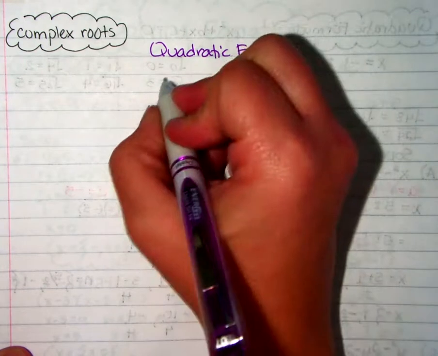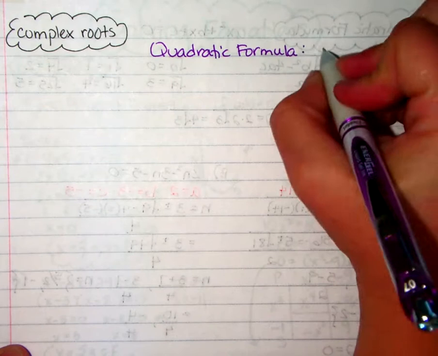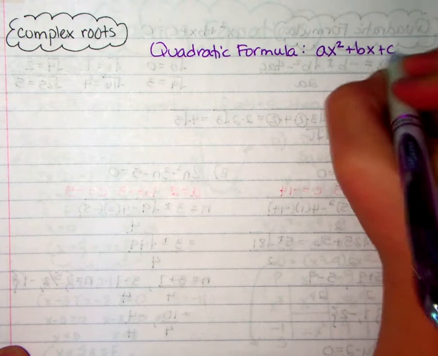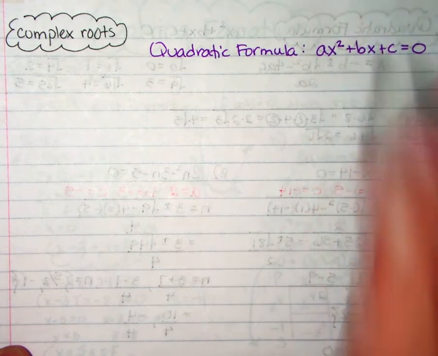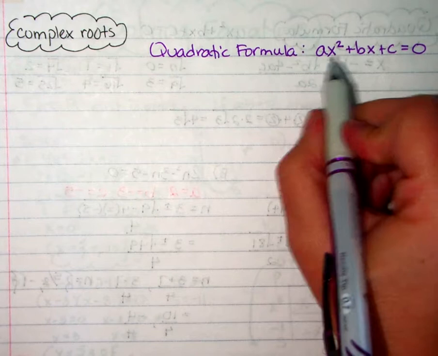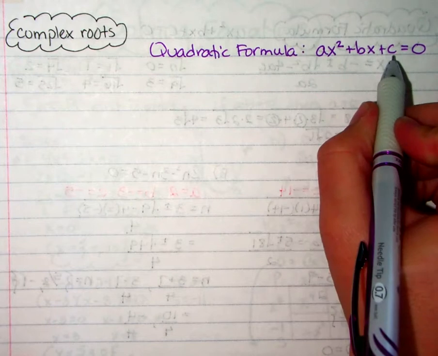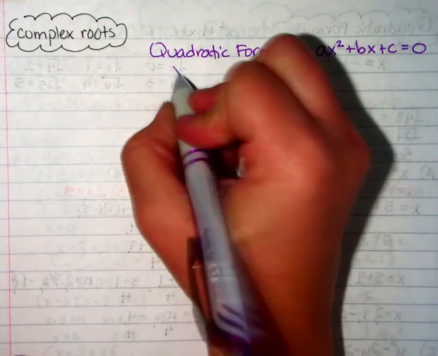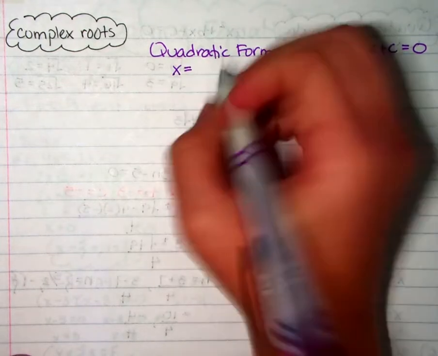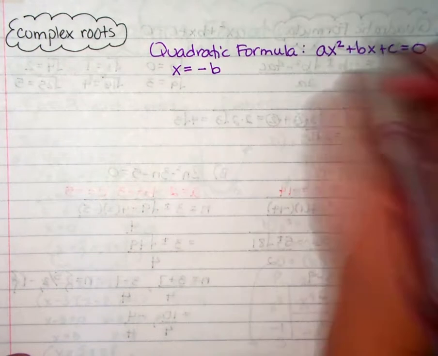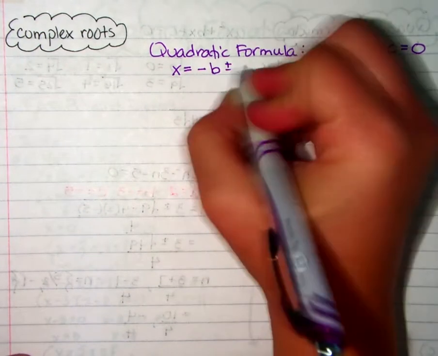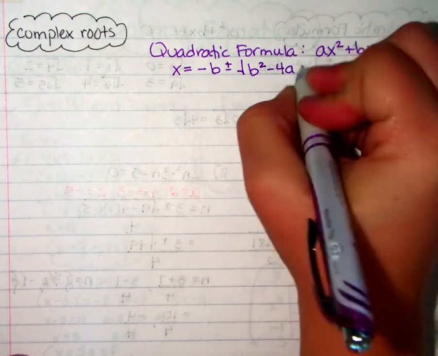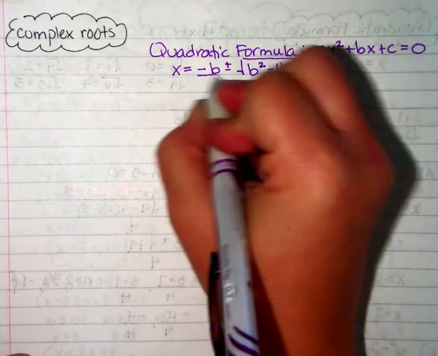For example, if the equation is written in the form ax squared plus bx plus c, which is standard form for a quadratic, with all values on one side in descending order set equal to 0, then to solve for the variable x, the value for x that makes a true statement, the formula is the opposite of the b term plus or minus the square root of b squared minus 4 times a times c, and all of that is divided by 2a.